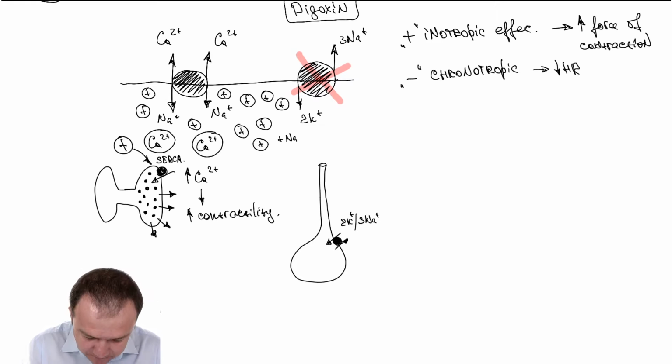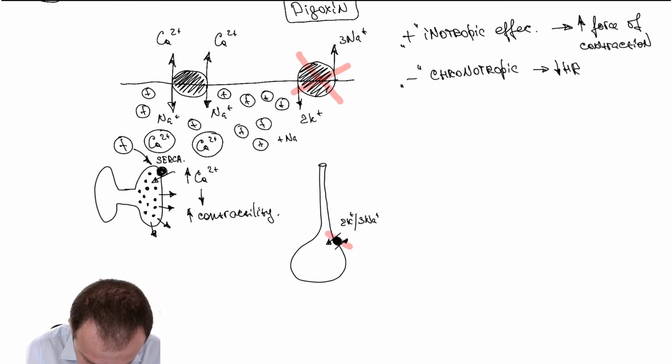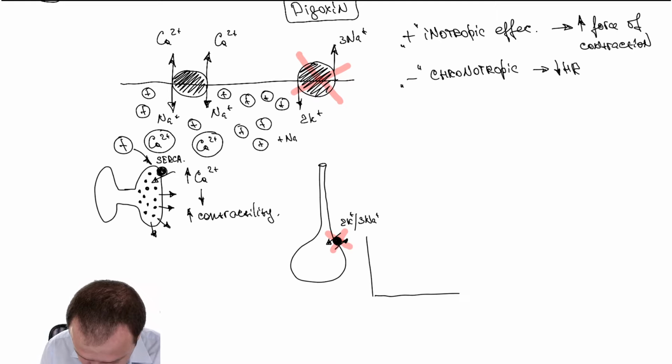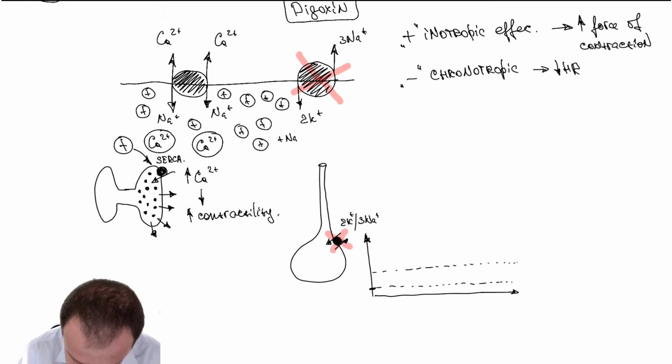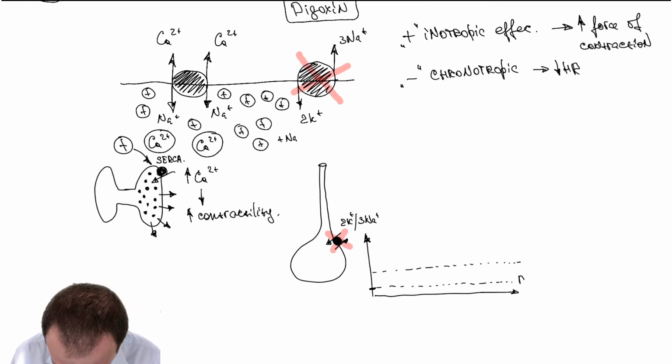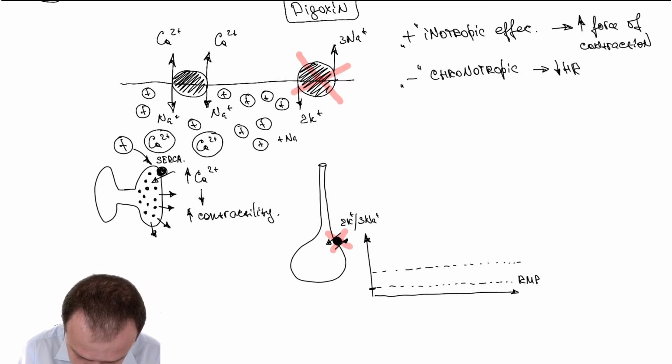Sodium potassium pump. Digoxin blocks this sodium potassium pump, not only in cardiomyocyte but in other tissues also. And blockade of sodium potassium pump in case of nerve terminals increases resting membrane potential. So let's say it becomes more positive. Yeah, it causes a kind of depolarization.